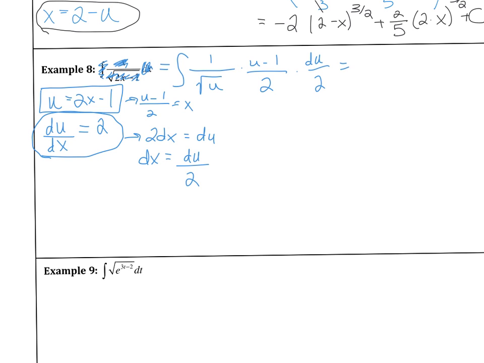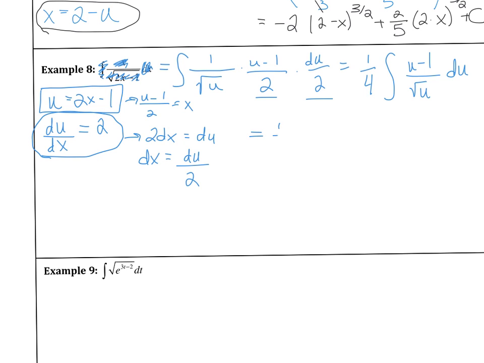All right, let's clean it up. I'm going to pull out this stuff from the denominator. I'll pull that out as a 1/4 in front, and then I'll have u minus 1 over root u du. And again, we start to get a little bit nervous because we're integrating this, how is this better? But it totally is better, because it's an STD, and we love STDs.